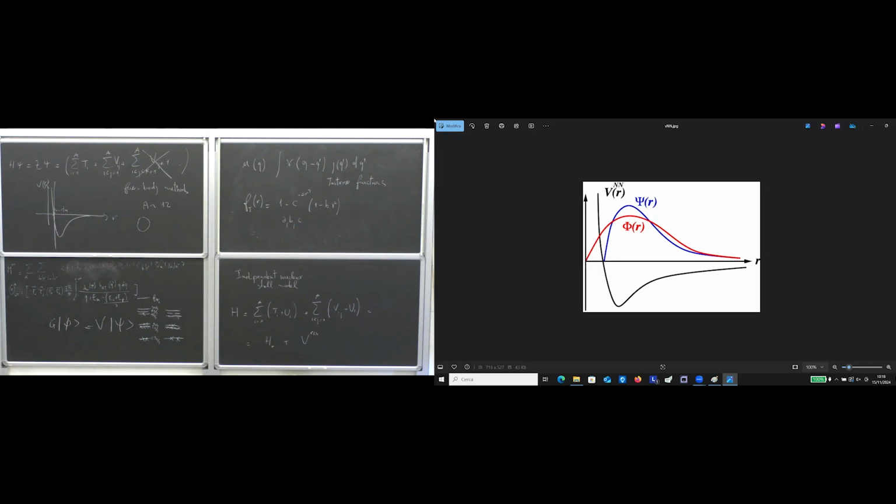This is definitely not a unique procedure, right? You are completely right, because different similarity transformations give you the same eigenvalues but different wave functions. So now, if we think about the eventual nuclear matrix element, using these approaches, that's the main point.